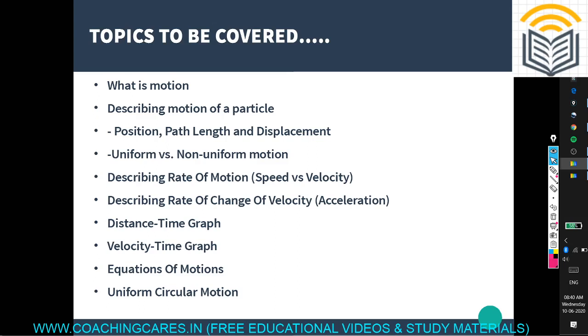Next is describing rate of change of velocity. Under this, we'll study acceleration, distance time graph, velocity time graph, equations of motions, and at last, uniform circular motion.